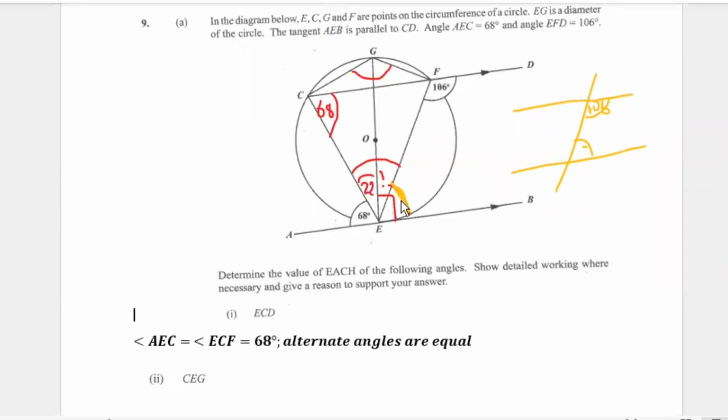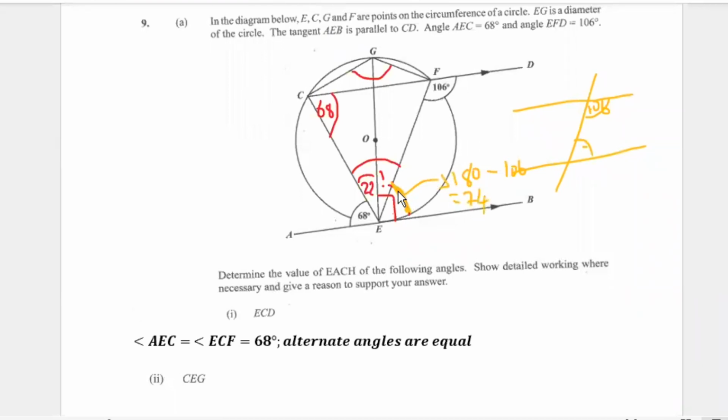So remember, internal angles here are supplementary, so you expect that the angle here plus the angle here should add up to 180 degrees. So this right here is 180 minus 106, and this gives us 74 degrees.